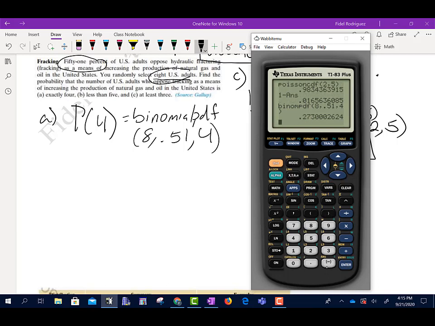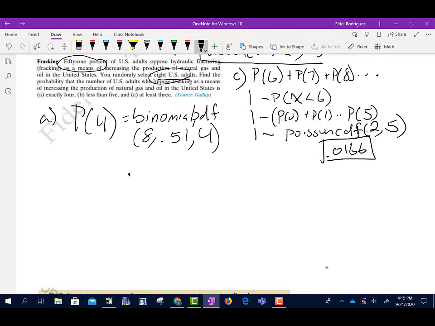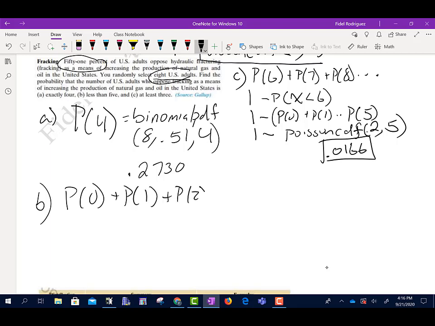And I'm coming up with 0.2730. Okay. Part B, less than 5. Okay. So less than 5 is going to be 0 and 1 and 2 and 3 and 4, right?